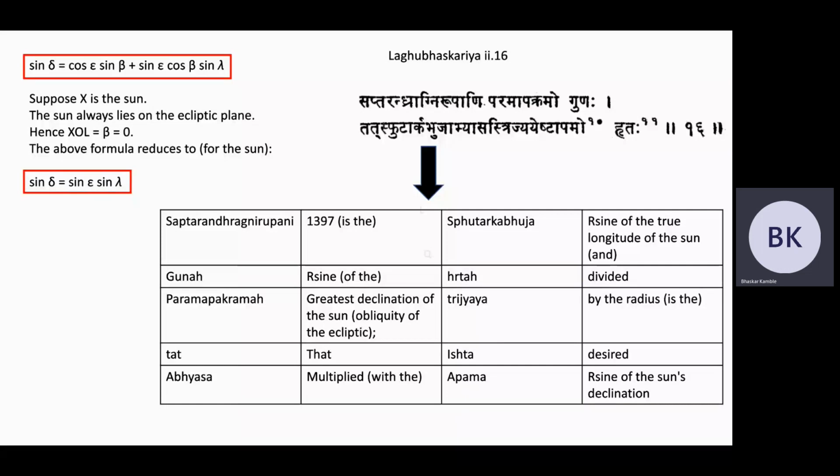In the ecliptic there are 12 zodiac signs, so 360 degrees has 12 zodiacs. That means 90 degrees has 3 zodiacs. So the R sine of 3 zodiacs would be the R sine of 90 degrees, which is simply R, the radius. So Trijya is the word for the radius in Hindu astronomy.